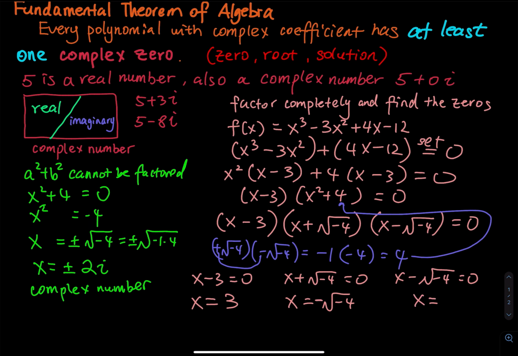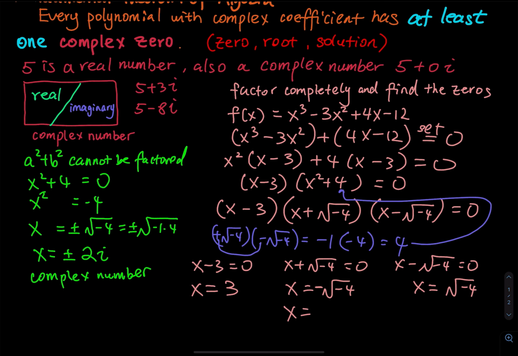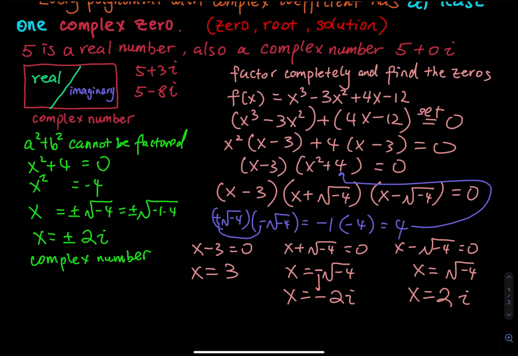This is a minus, this is a plus. And then what is this? The square root of 4 is 2, and the square root of negative 1 is i. And then this is x equals plus or minus 2i.